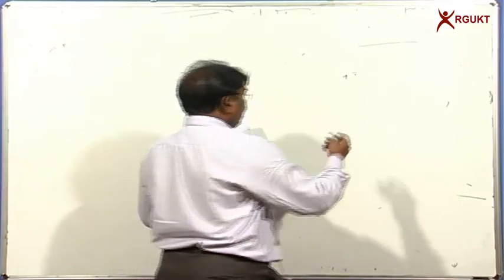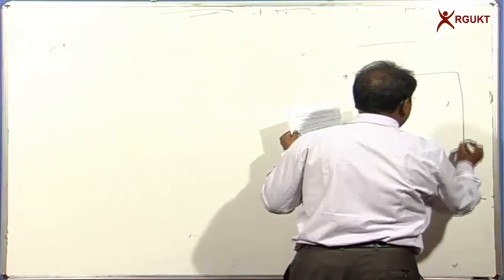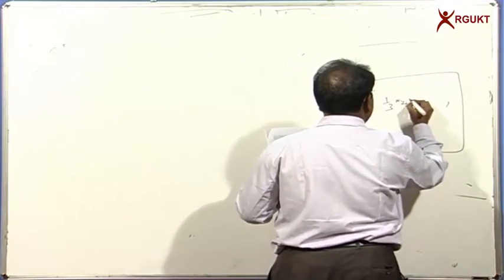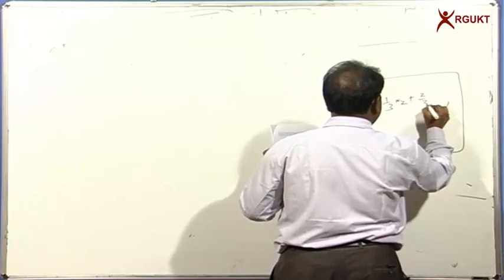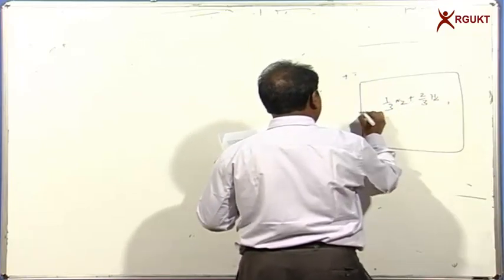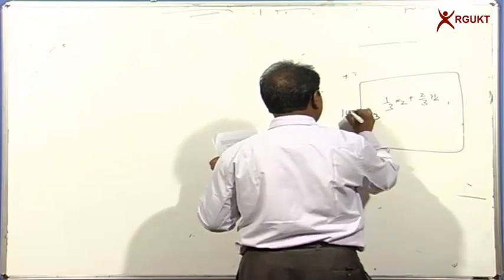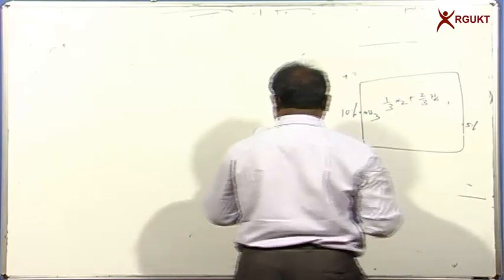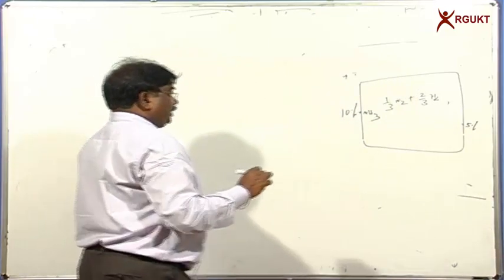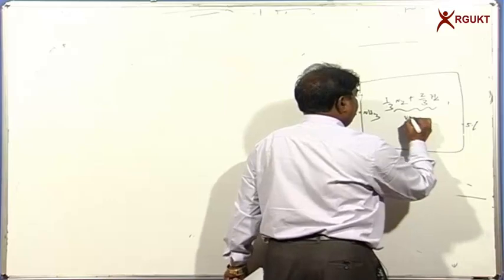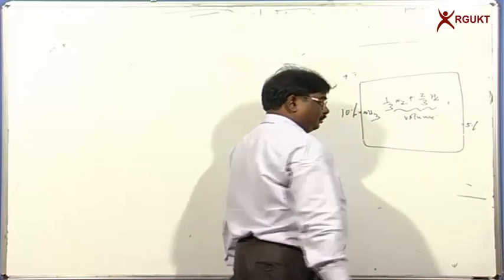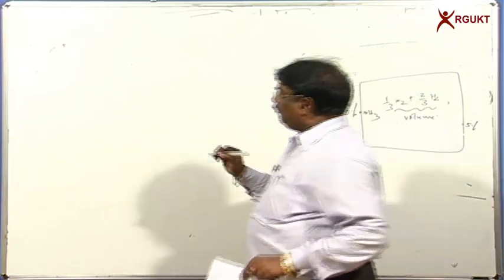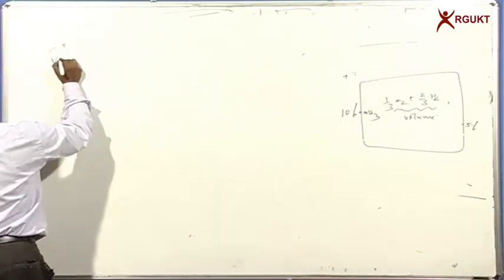So here the problem can be represented as, here we have 1/3 of nitrogen plus 2/3 of hydrogen, and we have ammonia and the concentration of ammonia is 10% here and 5% here, and these concentrations are given in terms of volume. As all of you know, for gaseous systems the volume percentage is equal to mole percentage.